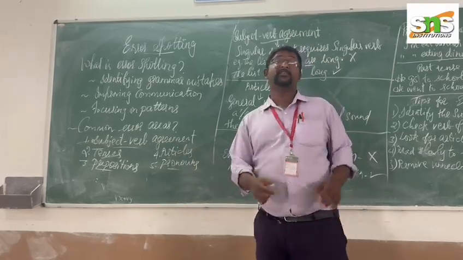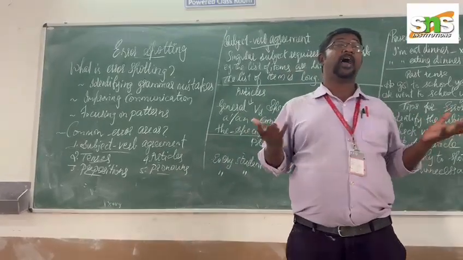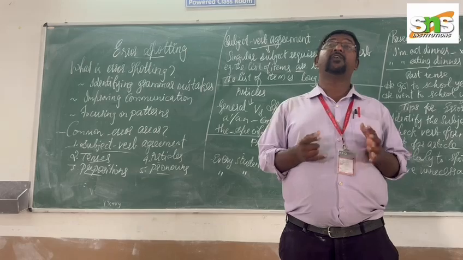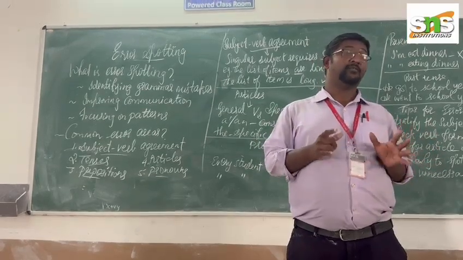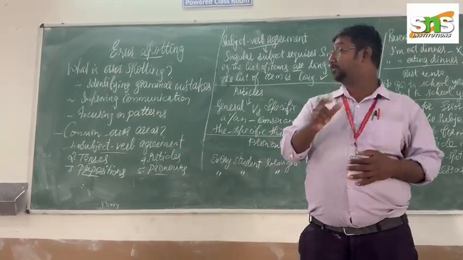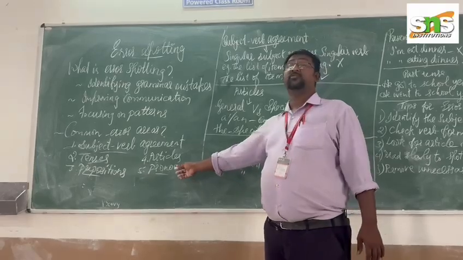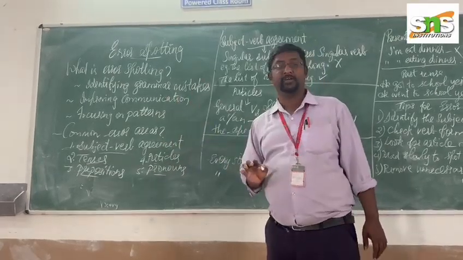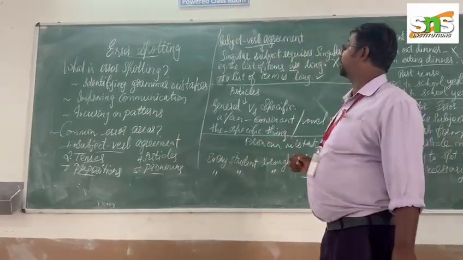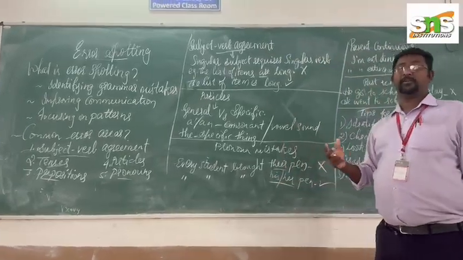For articles, we all know they are a, an and the. A is used before consonant sounds and an before vowel sounds. The is used for a specific thing. And pronouns are used instead of nouns. So let us see one by one here.